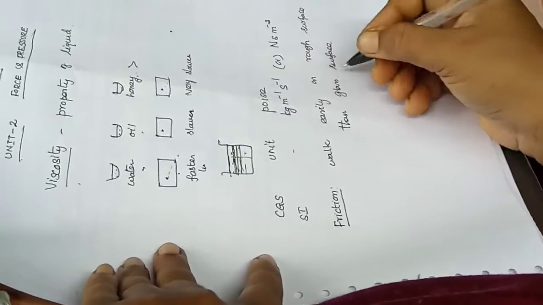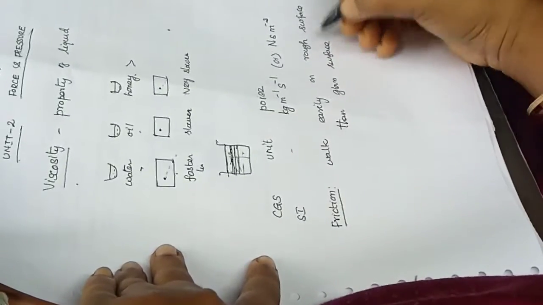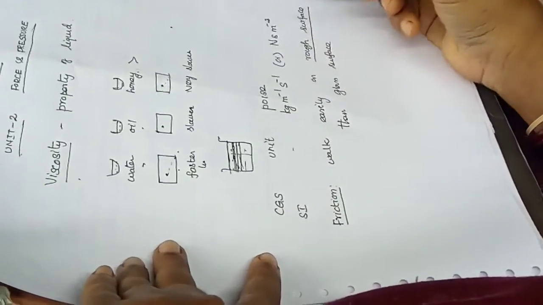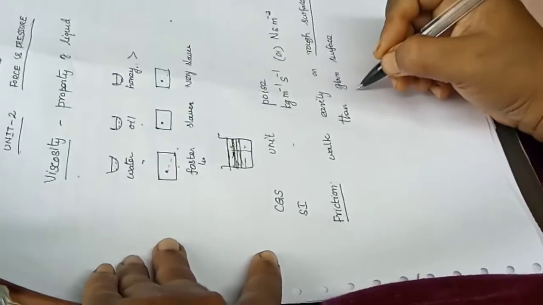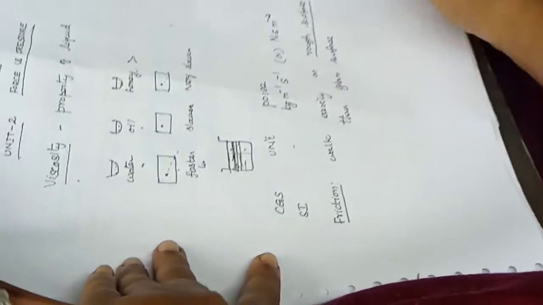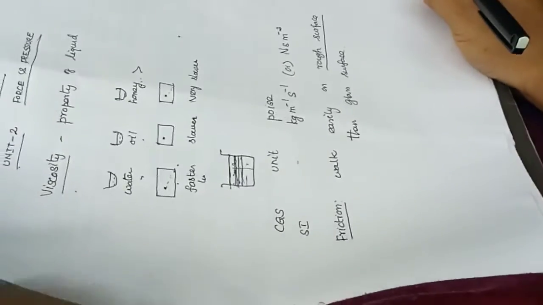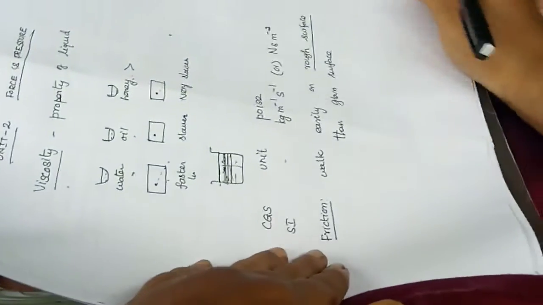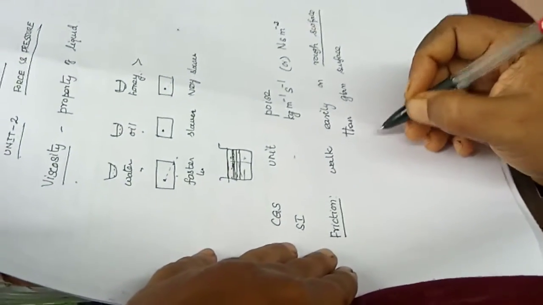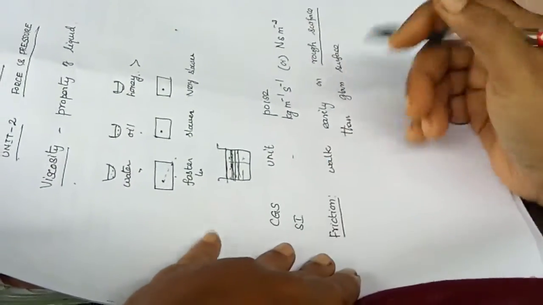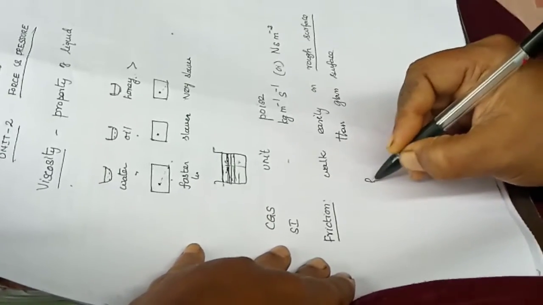Why? The reason is the friction on a rough surface is higher than on a glass surface. Then what is friction? Friction is again related to relative motion between two layers.